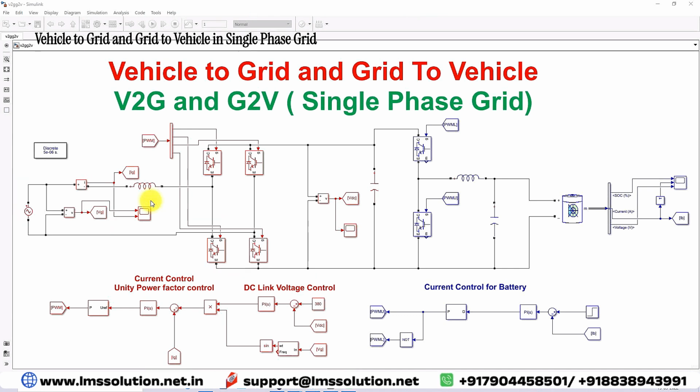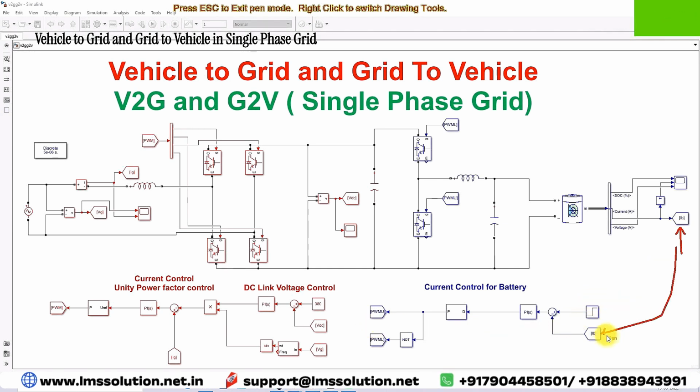Next, you have to implement the current control logic for this bidirectional buck boost DC-DC converter. For that, we measure the battery current, and the battery current is compared with the reference current. This error current is processed via the PI controller. The PI controller output is known as the duty cycle. This duty cycle is processed via a PWM generator.